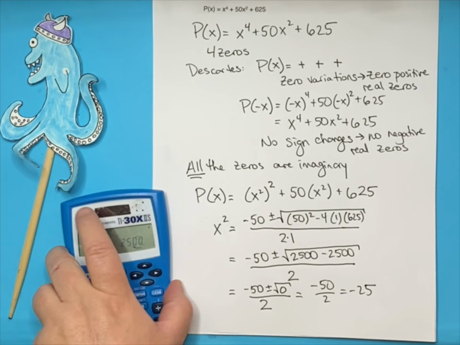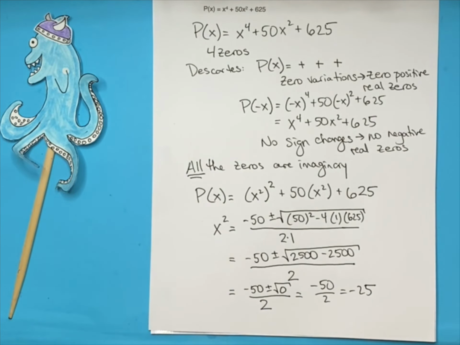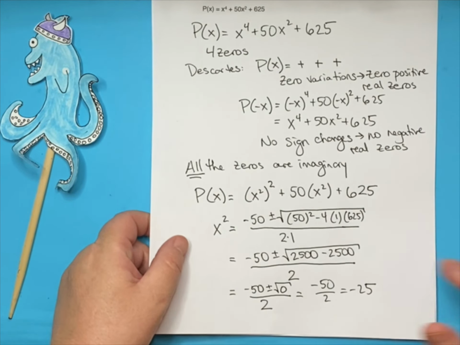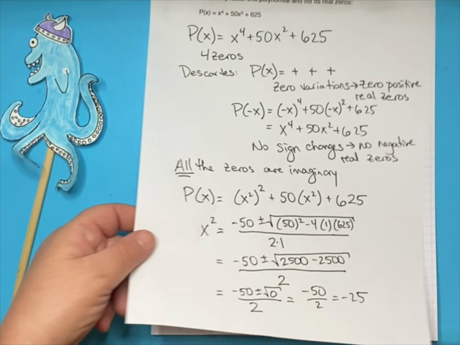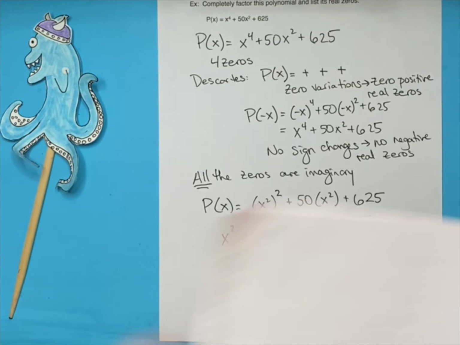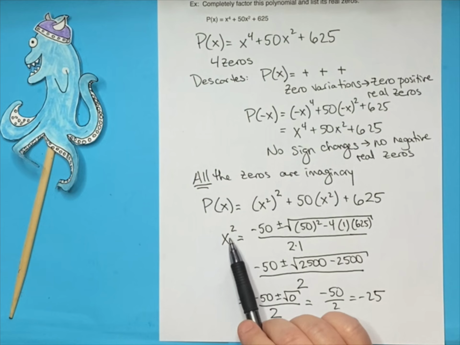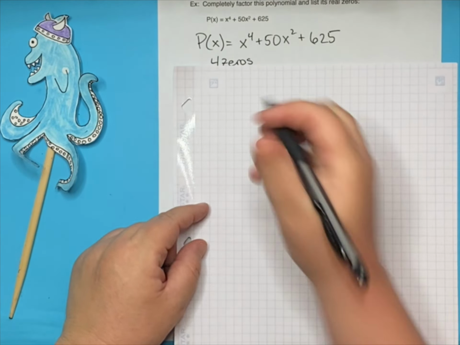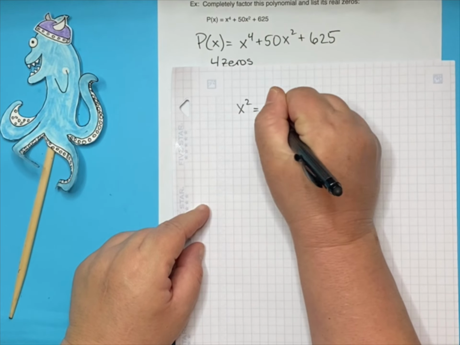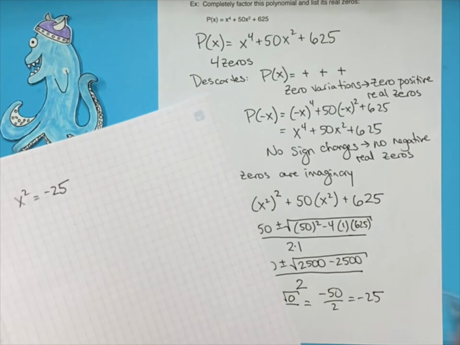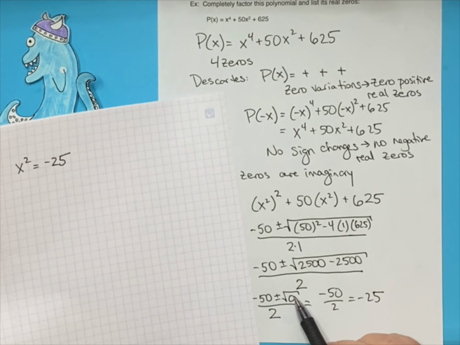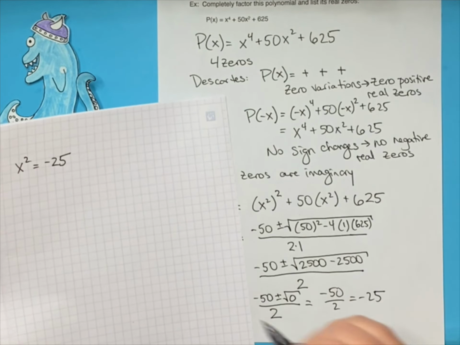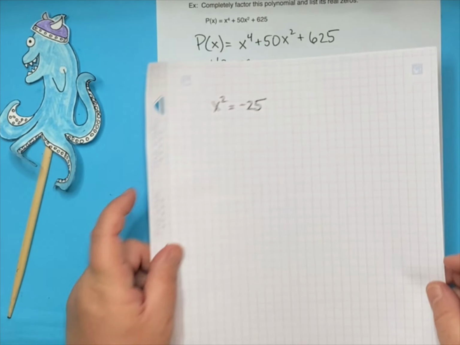So let's take a closer look. What the heck is going on is that when you've got imaginary numbers in play, which is what we've got, there's some weird stuff that can happen. I want to point out that this says x squared equals negative 25. And you'll notice that inside the radical is the 0. So it's negative 50 plus 0, negative 50 minus 0.